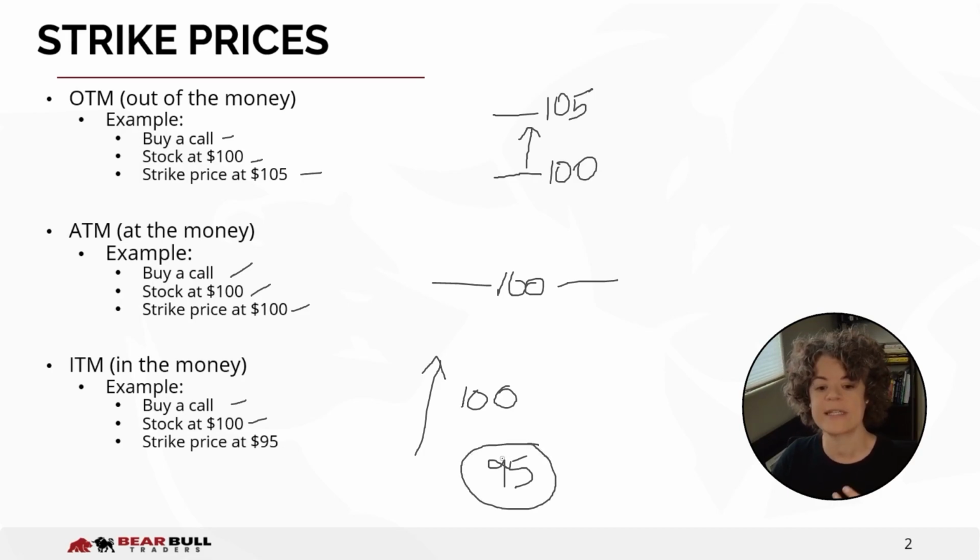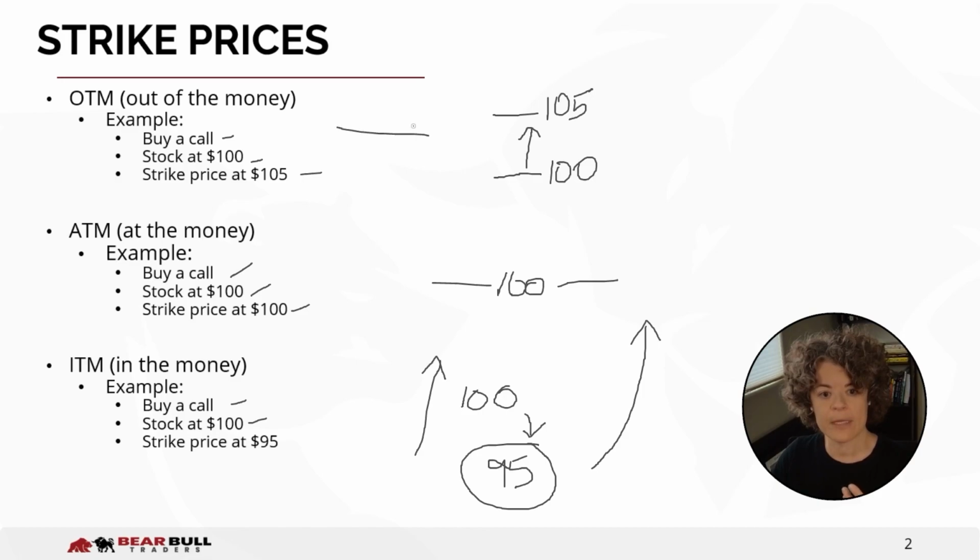It has intrinsic value. It's already been at 95, then it went to 96, 97, 98, 99, and because we're looking for prices to go up with calls, this contract would be considered in the money because it is below $100.